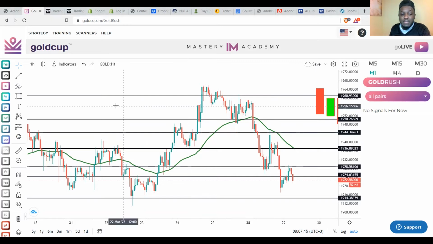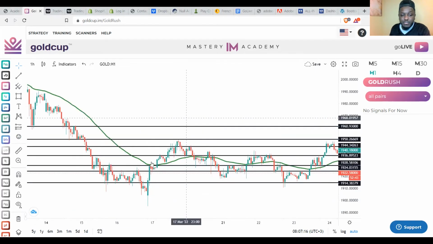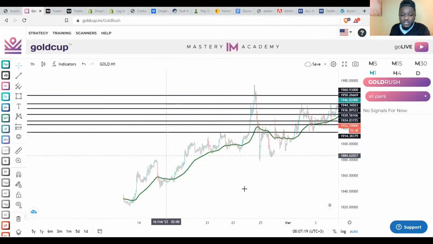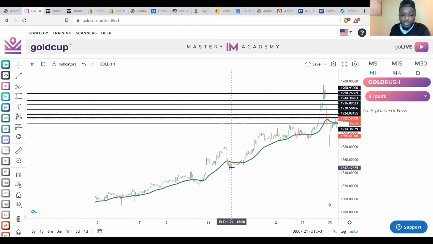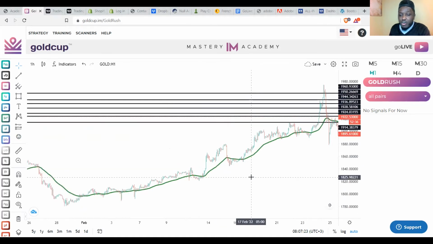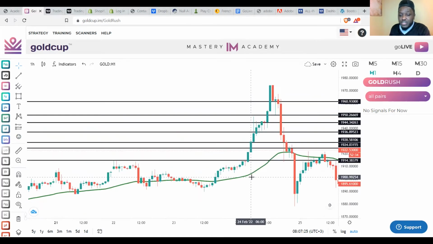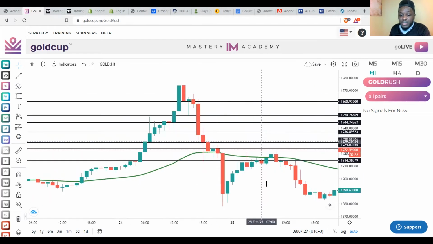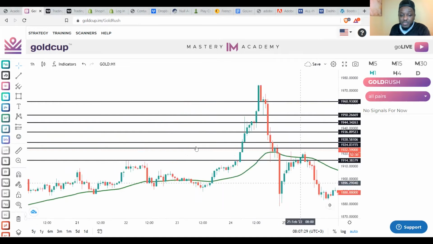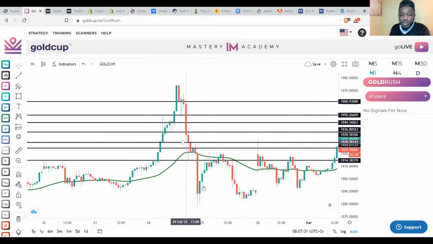If we go back and backtest as far as you want to go, it doesn't even matter, or even on a different time frame, it is still going to be the same. We can see a nice move here. Market broke, retested the 50 moving average.